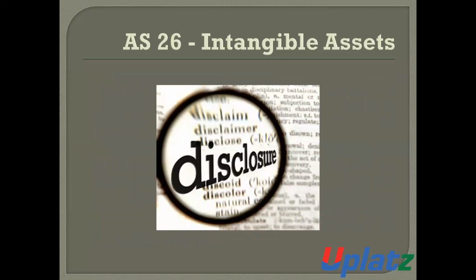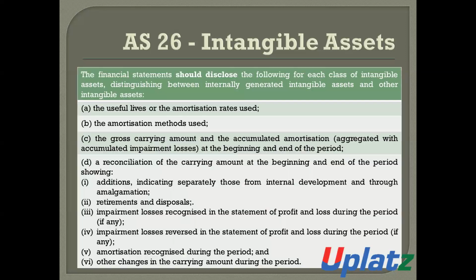Disclosure. As per Accounting Standard 26, the following disclosures are required. Number 1. The financial statements should disclose the following for each class of intangible assets, distinguishing between internally generated intangible assets and other intangible assets.